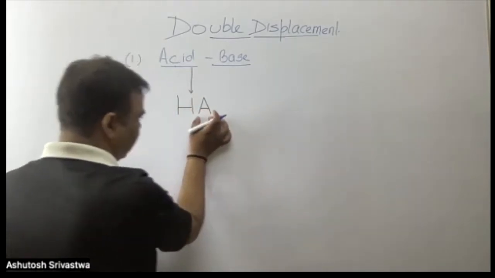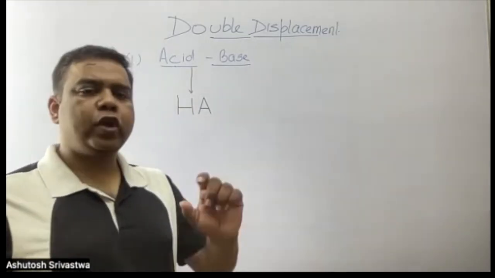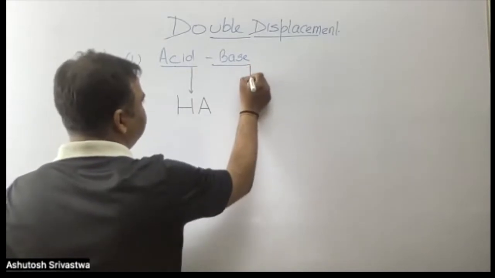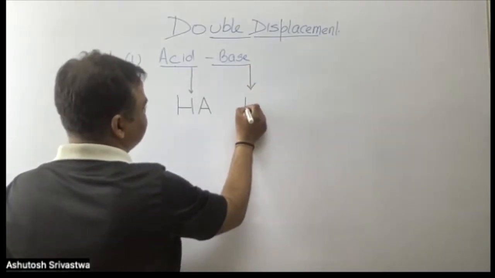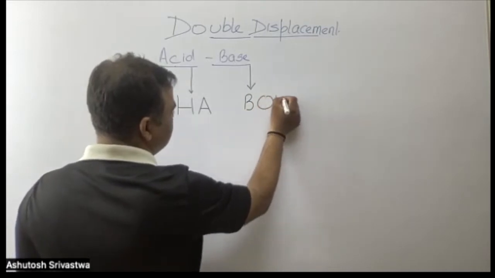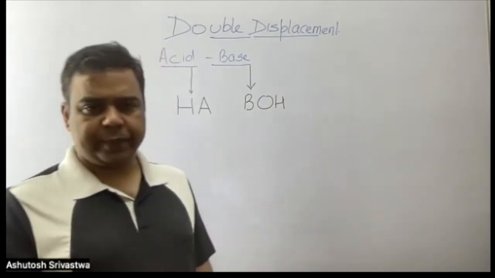HA means A is the negative part of the acid and H is the H which is going to be donated. And if I write base as BOH, so B is the positive part and the OH is the hydroxyl ion which is to be donated.